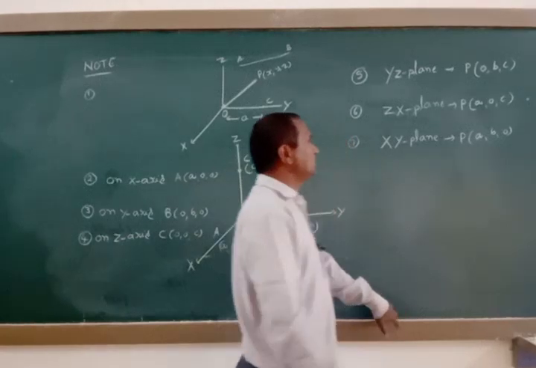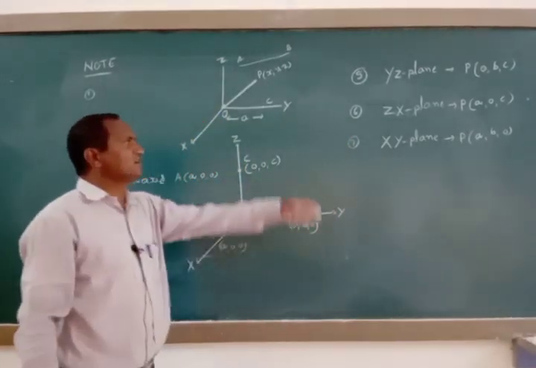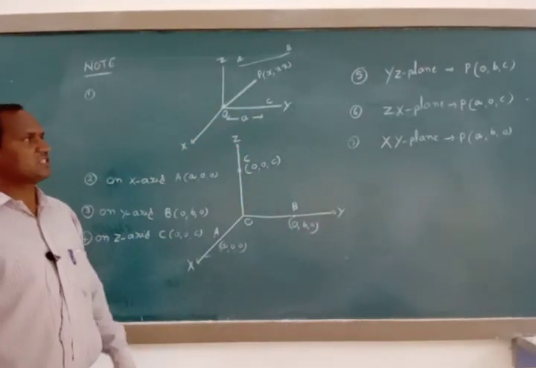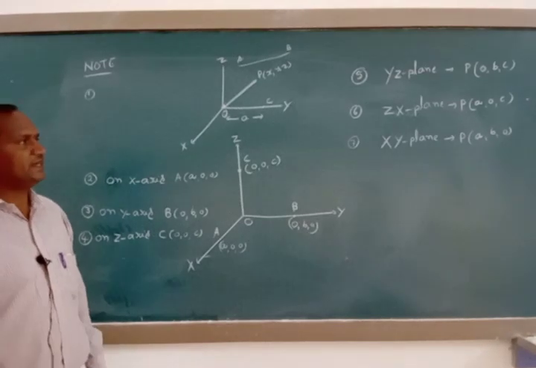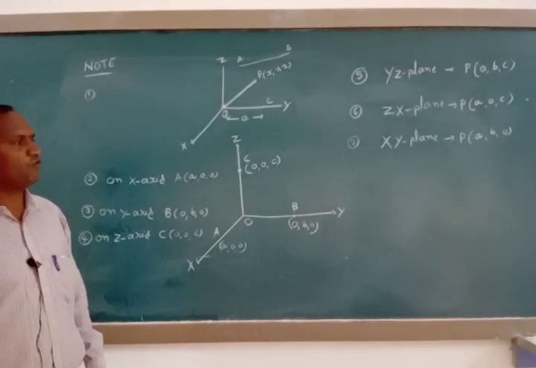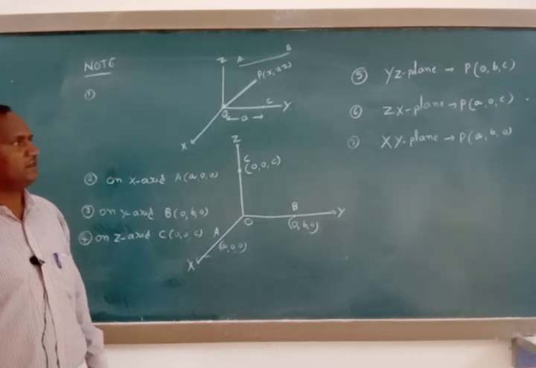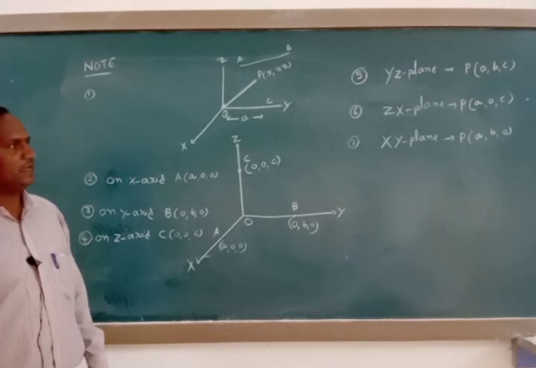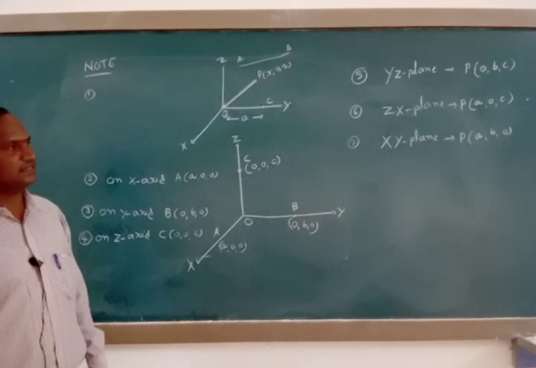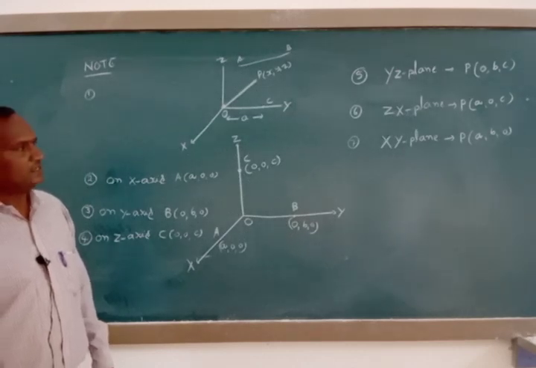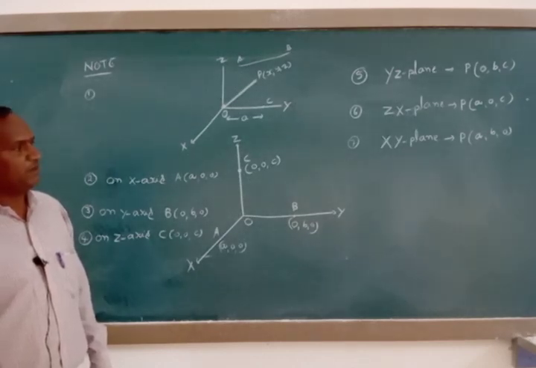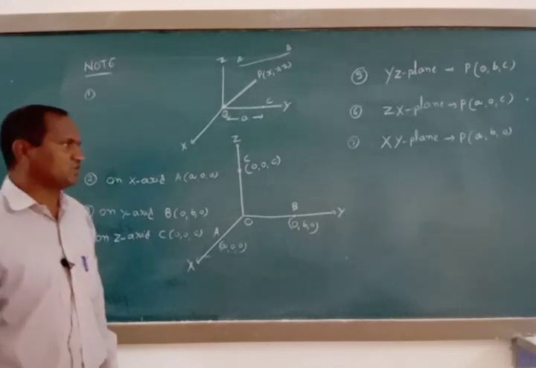Like that we take the points on the planes. When it lies in the yz plane, x is 0. When it lies in the zx plane, y is 0. When it lies on the xy plane, z is 0.